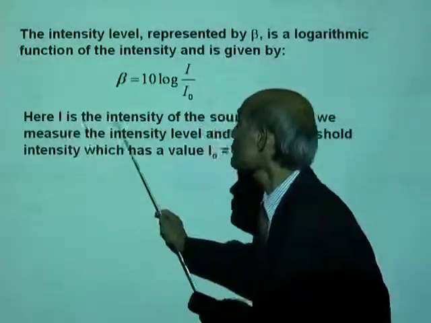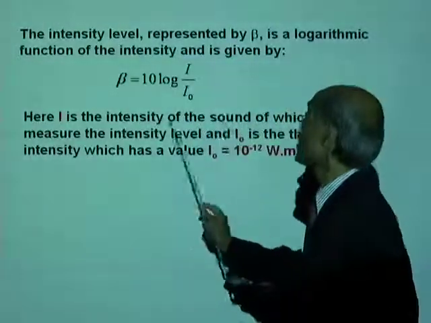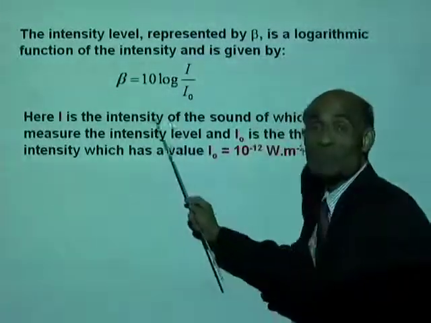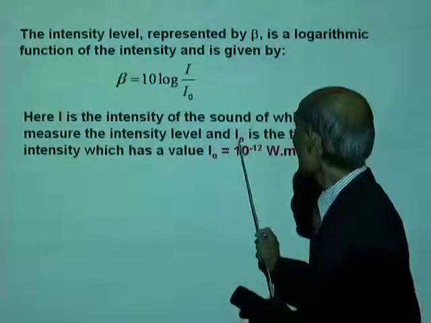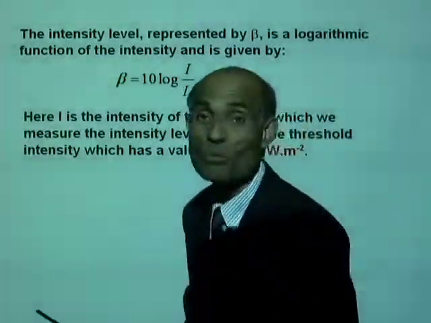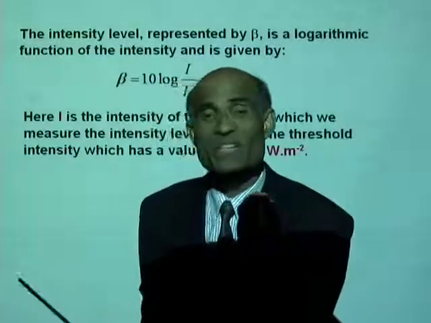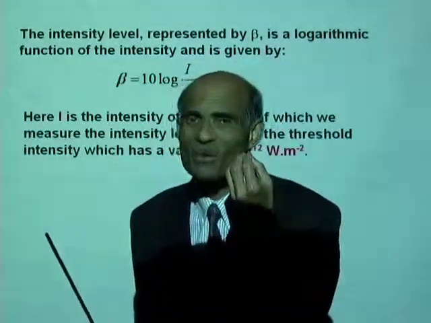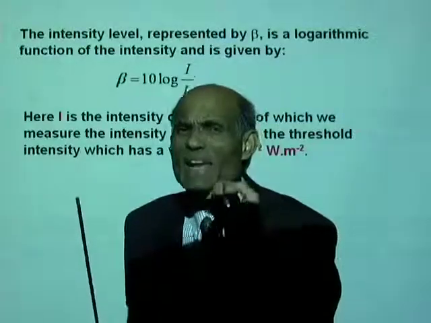So here I is the intensity of the sound of which we want to measure the intensity level beta, and I0 is the threshold intensity. In other words, threshold intensity is the intensity of a sound that you can barely hear.